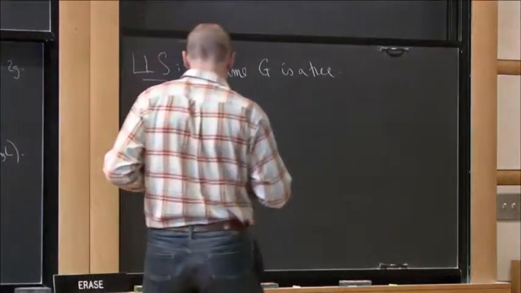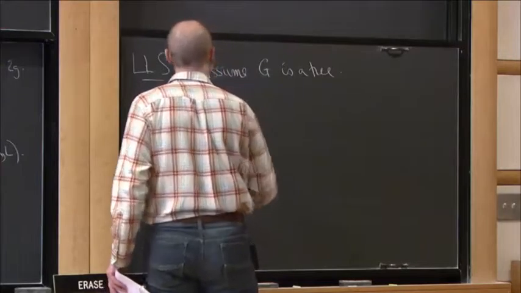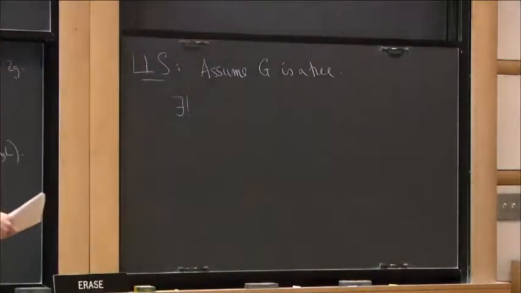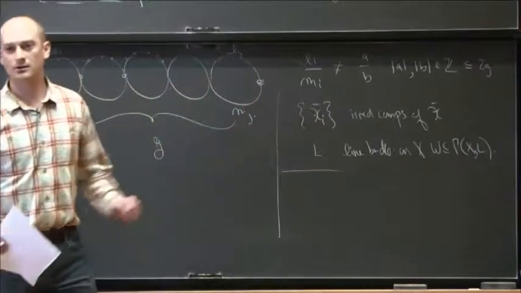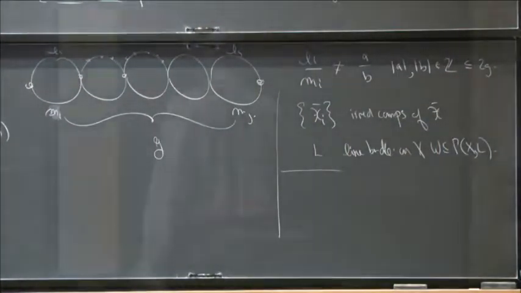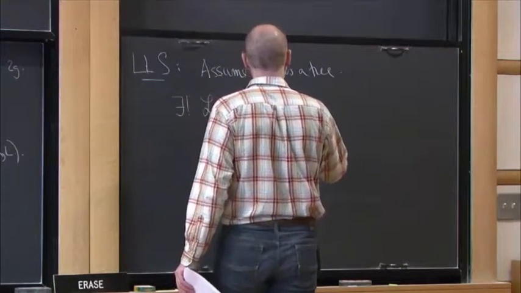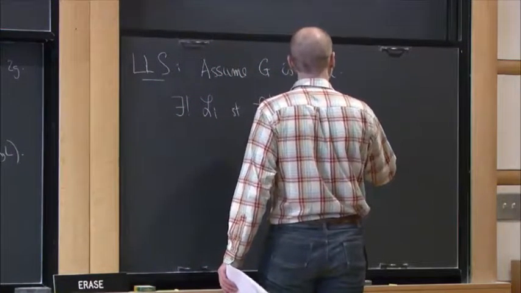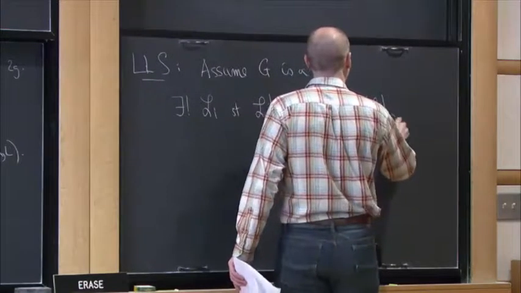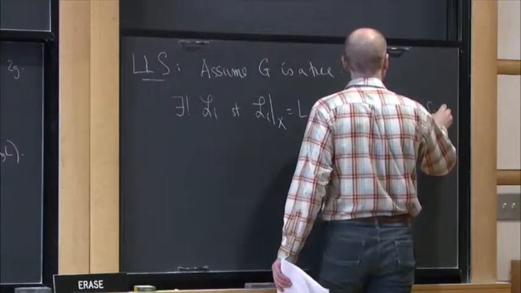Okay. And what this condition gives you is a distinguished way of extending L to the total space of the family, one for each irreducible component. So there exists a unique L_i such that the restriction to the general fiber is L, and the degree of L_i on the jth component of the special fiber is d delta_ij.